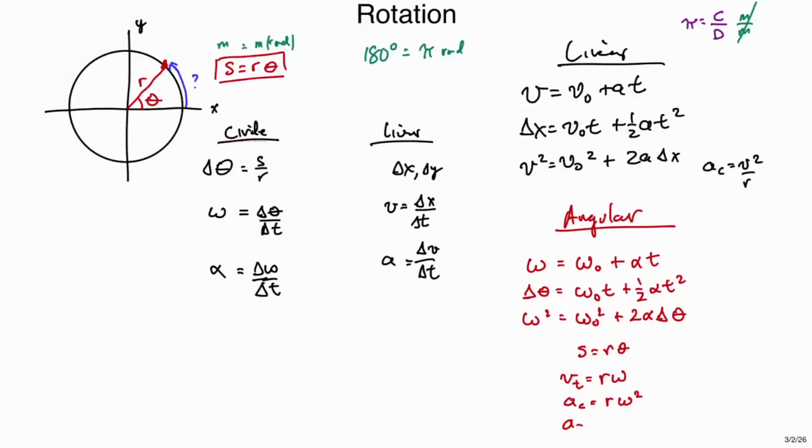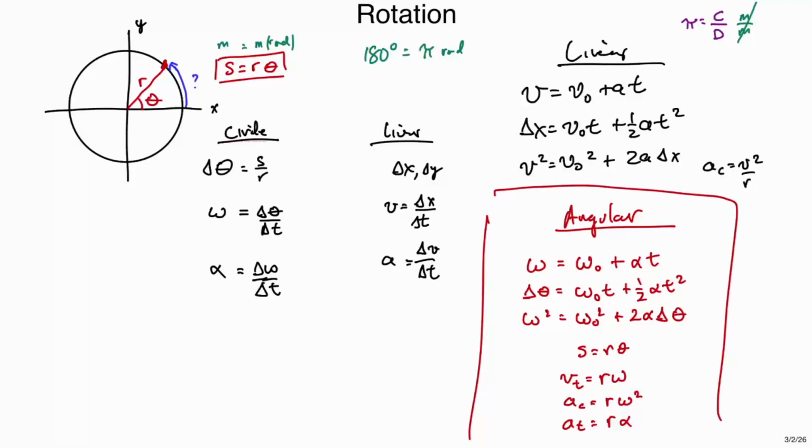And then we're going to pick up a new one called the tangential acceleration, which is equal to r alpha. That right there in the red box is the toolbox for angular kinematics, with the added little sprinkles of being able to go back and forth between the linear toolbox and the angular toolbox whenever you need to.